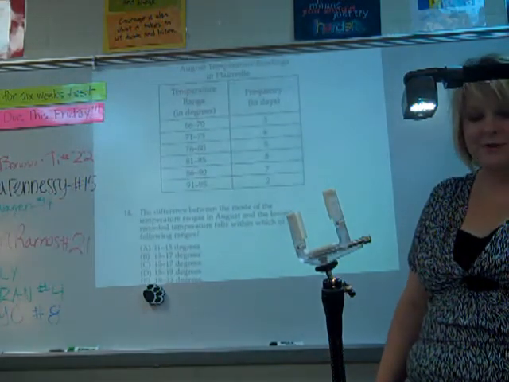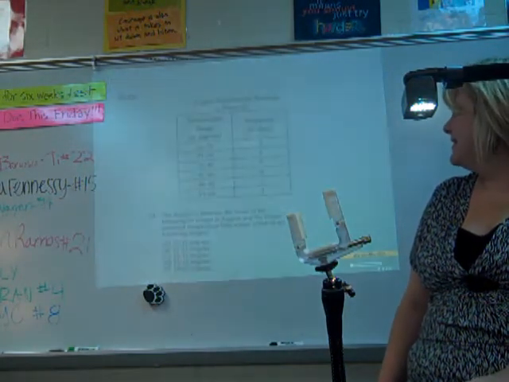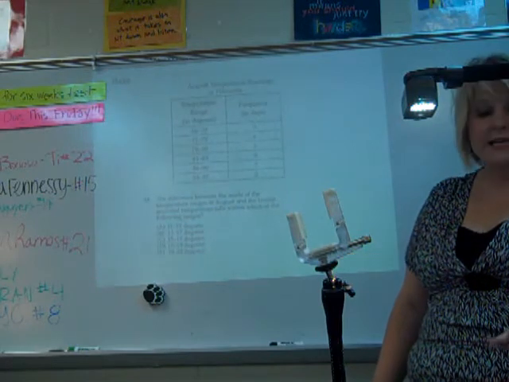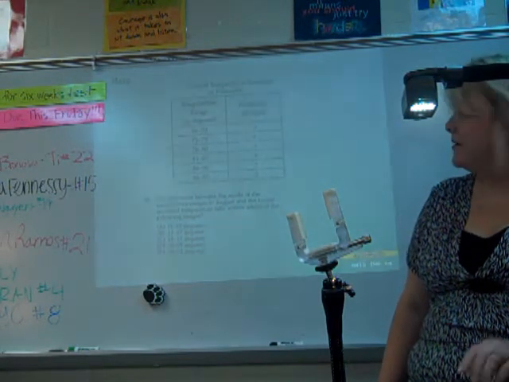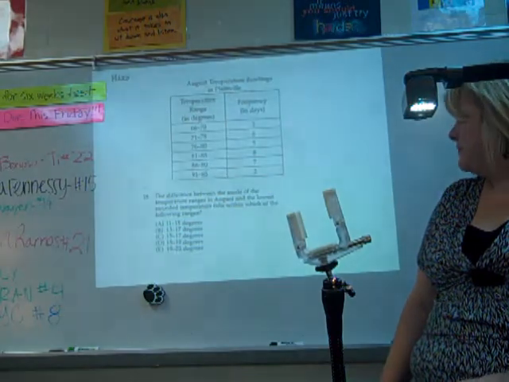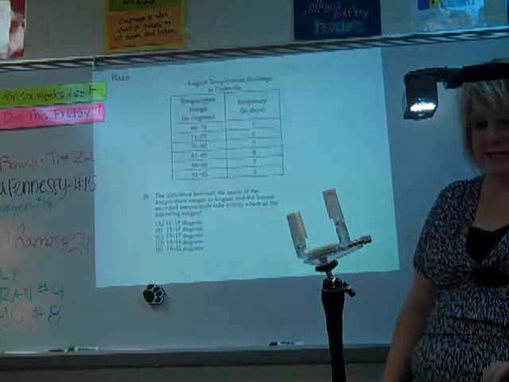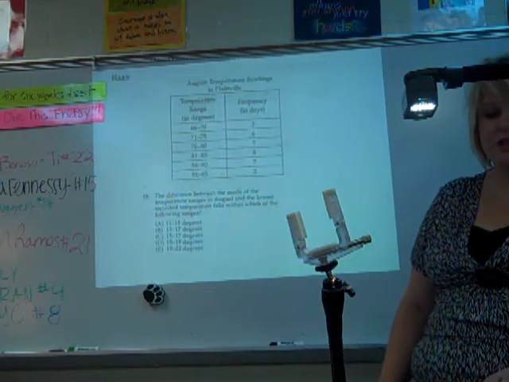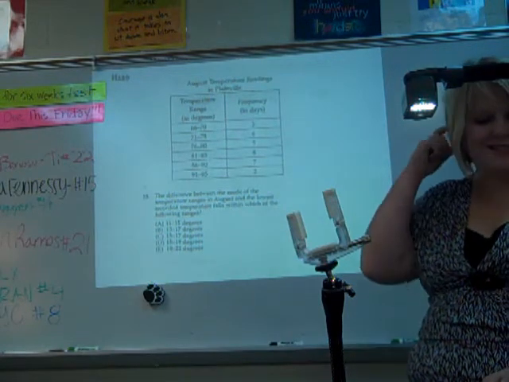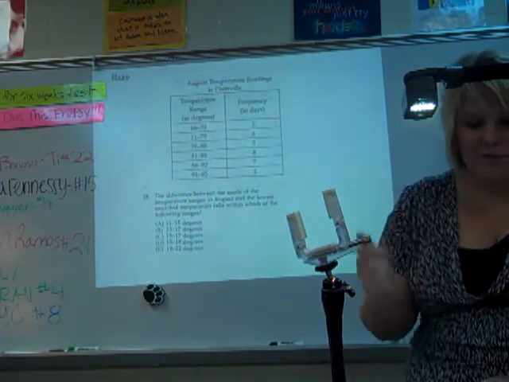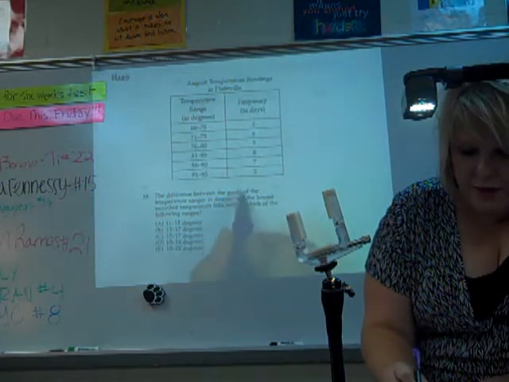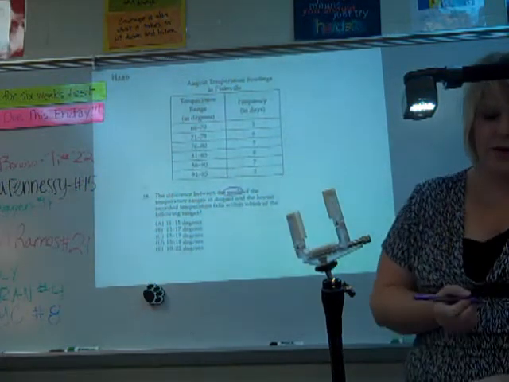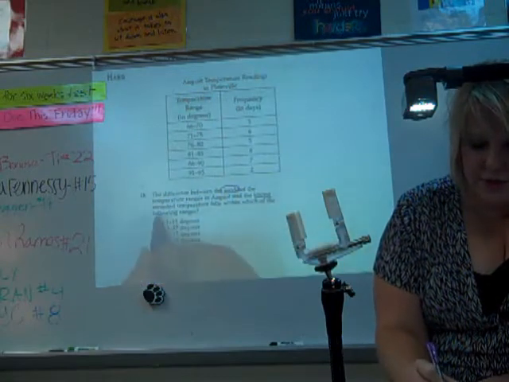Okay, the last one is kind of tricky. It says the difference between the mode of the temperature ranges in August and the lowest recorded temperature falls within which of the following ranges? Okay, so we want to look at the mode and the lowest recorded temperature.